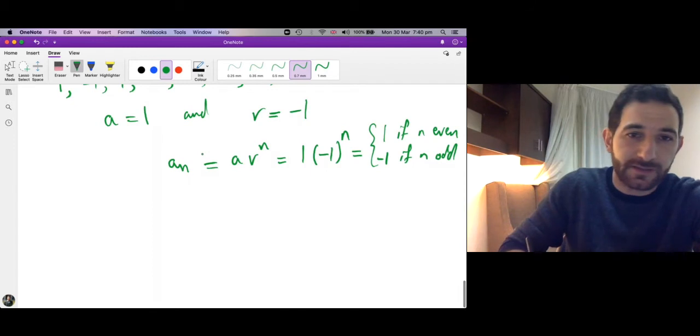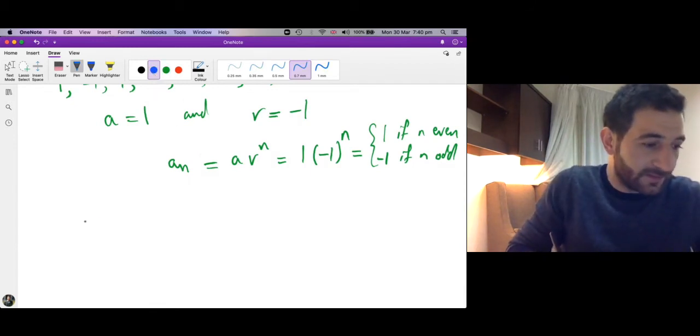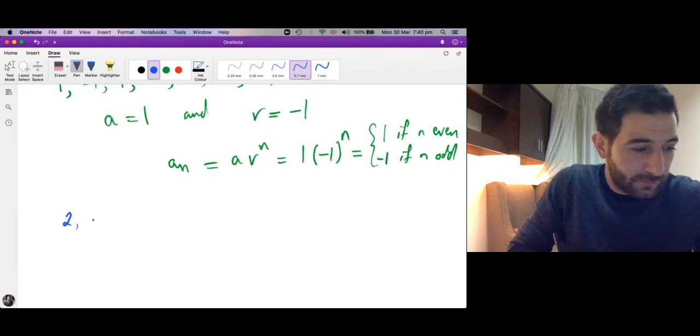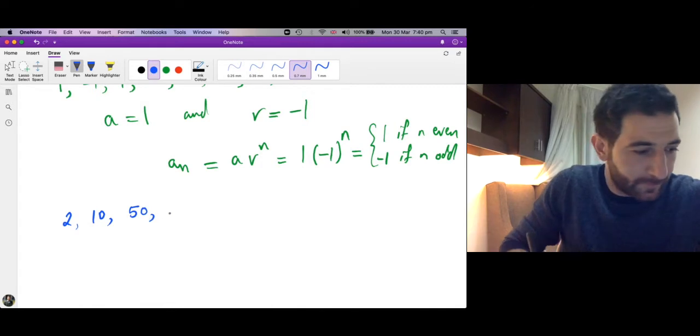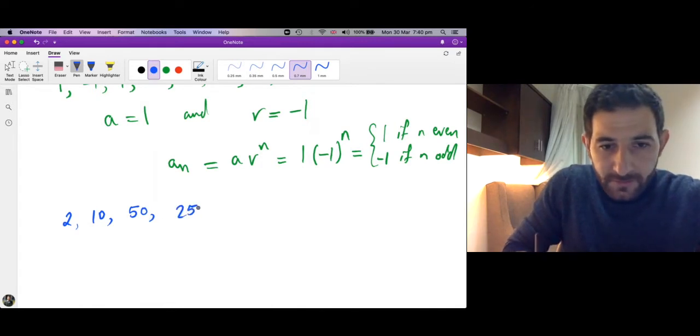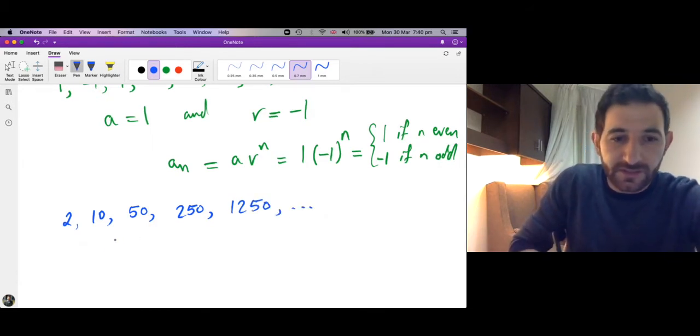Okay, let's have another example of a geometric sequence. Look at the sequence 2, 10, 50, 250, and then 1250, and so on. So here, what is the first term?